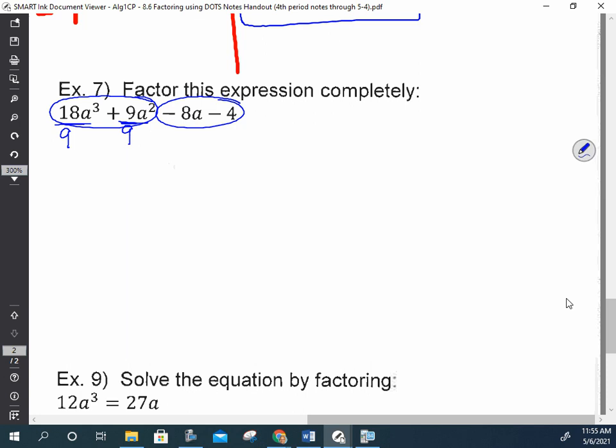Yes, a squared. Remember, if you take out a variable, you take out the smallest exponent. You have 9a squared, parentheses, 18 divided by 9 is 2. 3 minus 2 is 1, so 2a. 9 divided by 9 is 1. a squared divided by a squared drops out.